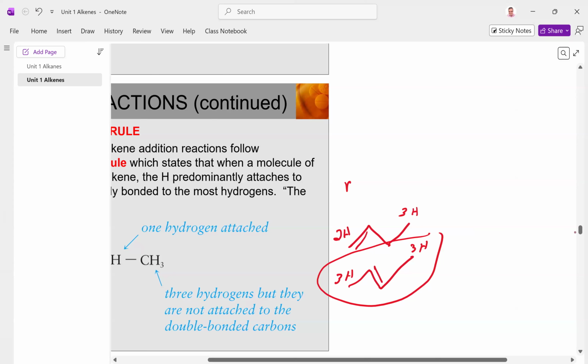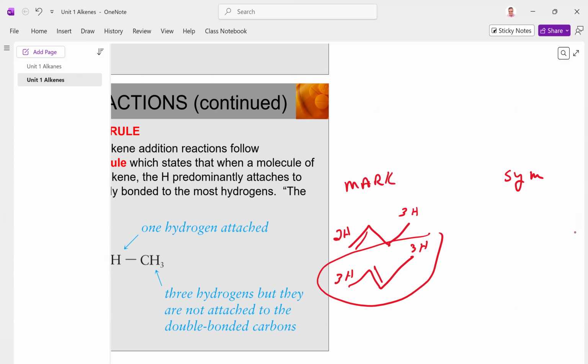Now, there's another reason it's more stable. We're going to call this Markovnikov, or Mark for short. And this is going to be symmetry. Between the two molecules, which is more symmetrical, bottom or top? Bottom. Which is more balanced? Bottom. Nature does not like unsymmetrical molecules. It loves symmetry because they're more stable.